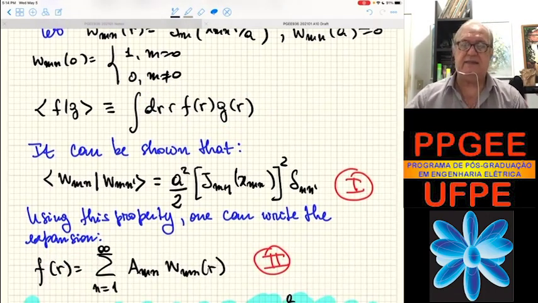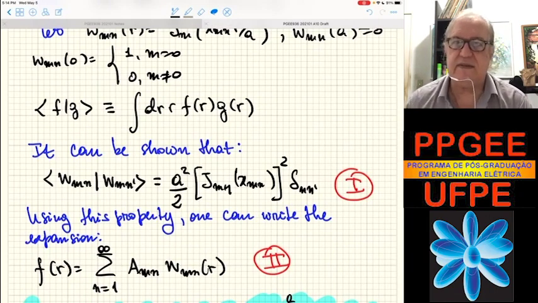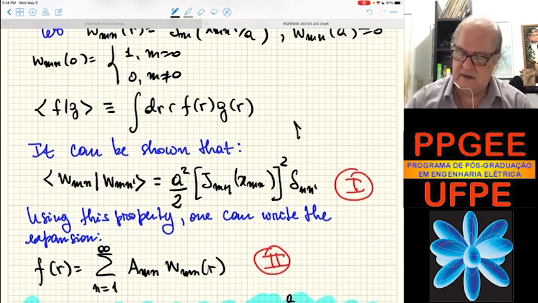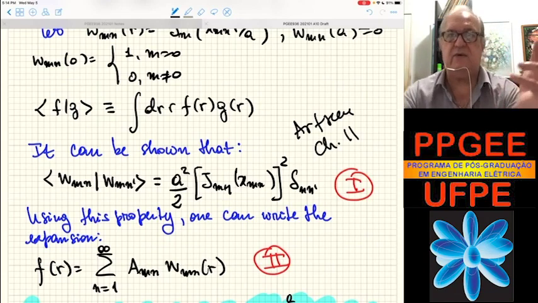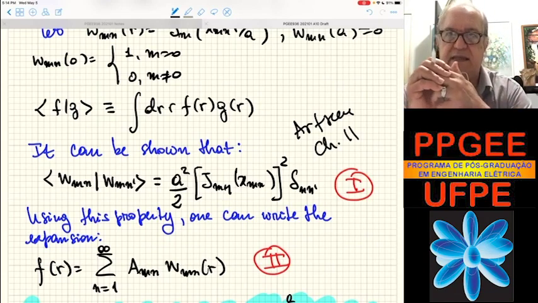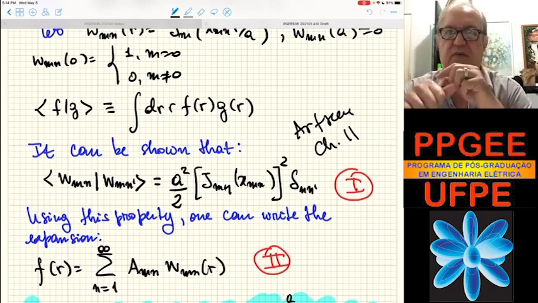It can be shown, and we are not going to do that because there is a lot of algebra that is well detailed in chapter 11 of Arfken, that those orthogonality relations are obtained by using the Sturm-Liouville theory of differential equations.